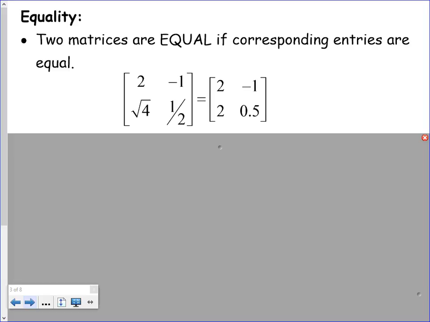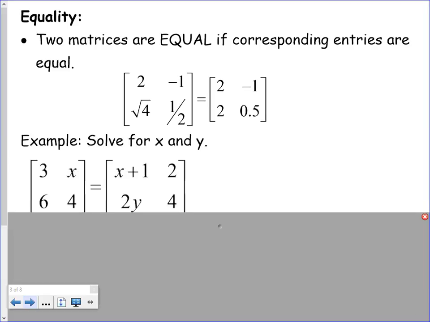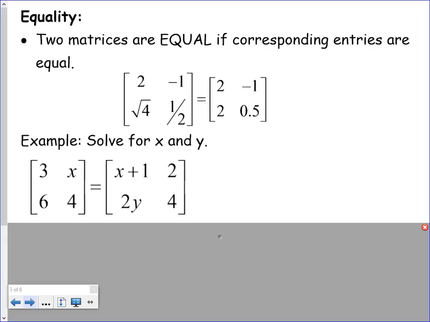We can use matrix equality to solve questions like this. Solve for x and y. If you know the answer, don't say it. Some people are going to write this into their notes.